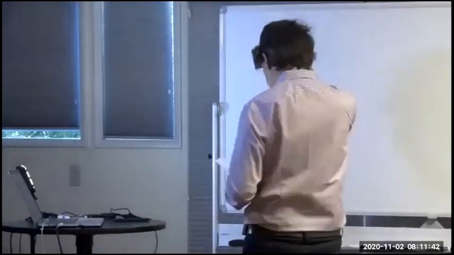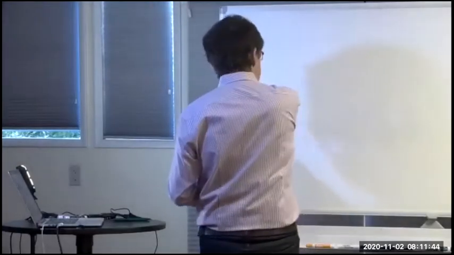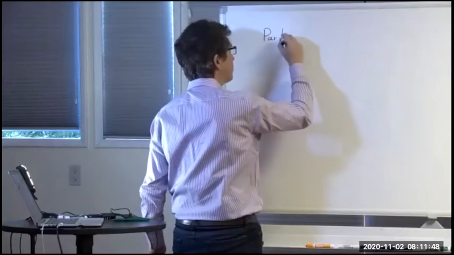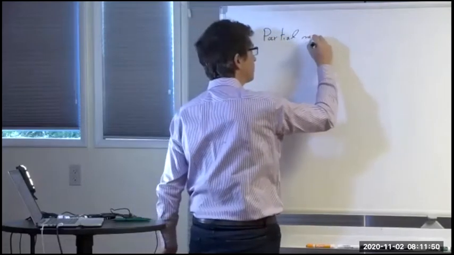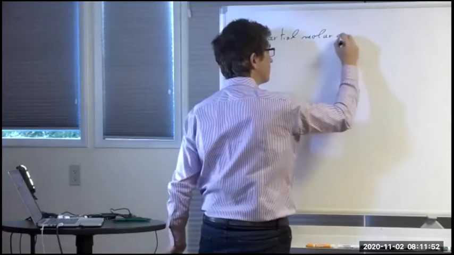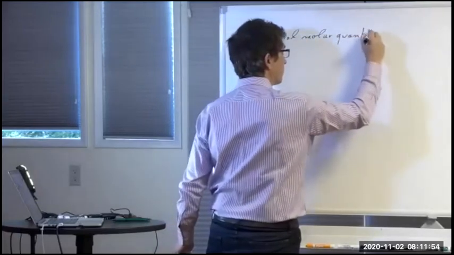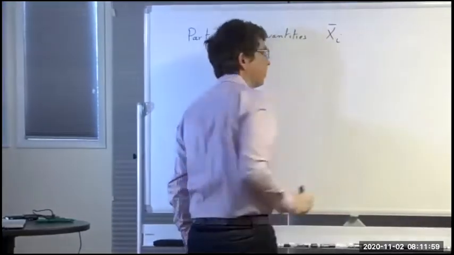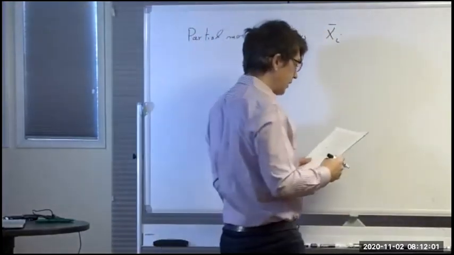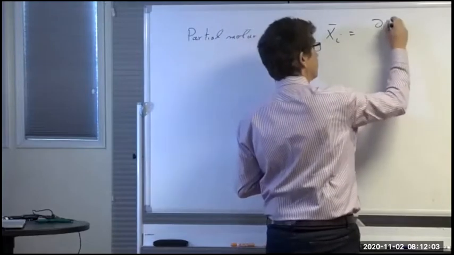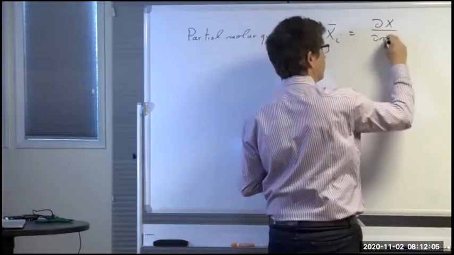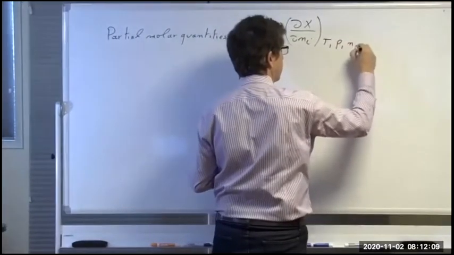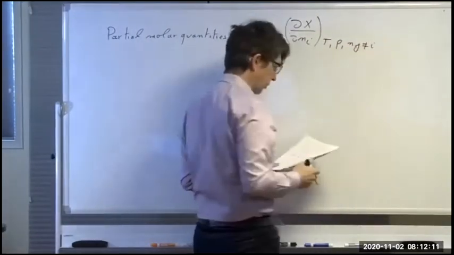So let me just briefly recap what we did. So we defined partial molar quantities. In general, the partial molar quantity of I, X of I, is the derivative of X with respect to the number of moles of I at constant temperature and pressure and keeping all other mole numbers constant.